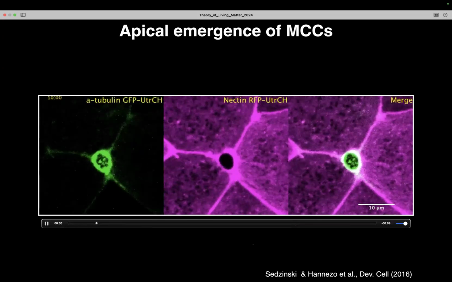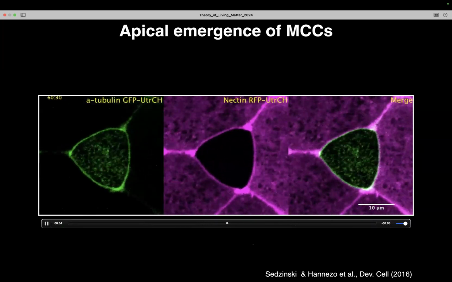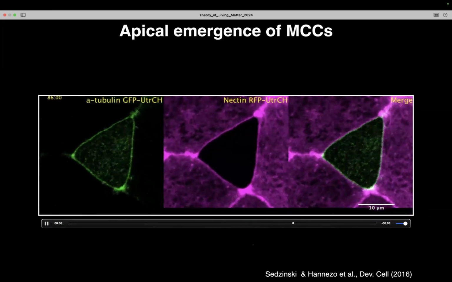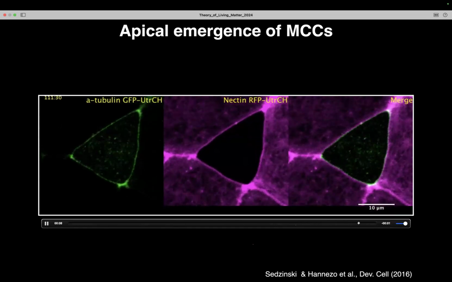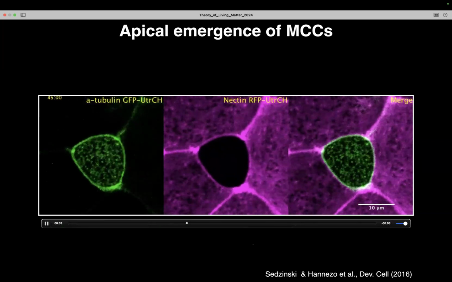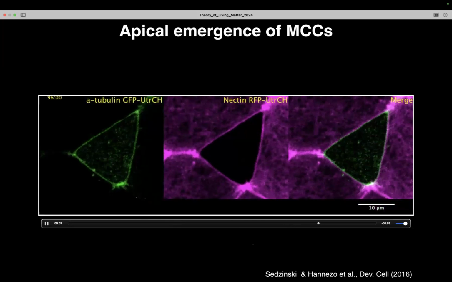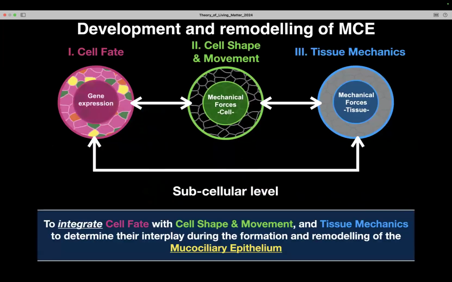In this work, we showed that the dynamics of the differentiation of multiciliated cells depends on the force balance between the forces generated within the apical side of the progenitor cell and forces generated within the surrounding tissue.